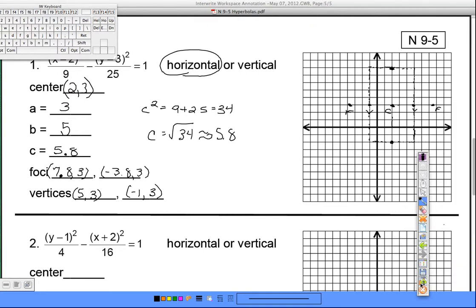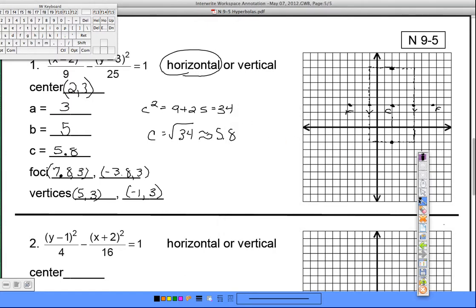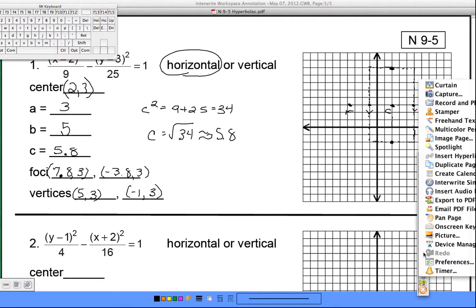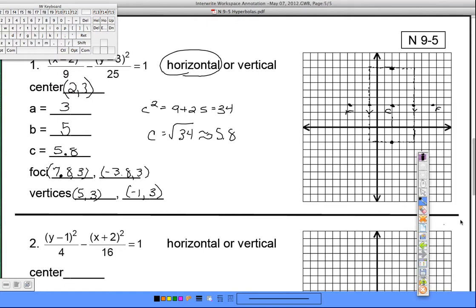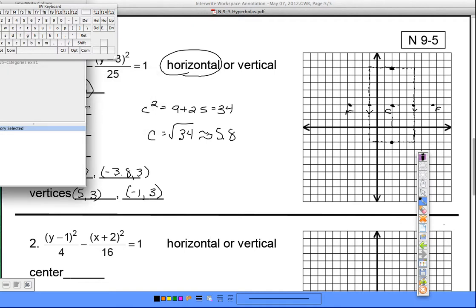Guess not. I don't want the timer. What I want is, let's see. Okay, no, that's not what I want. What I want's not here. Okay, all right, well, let's get out of these.